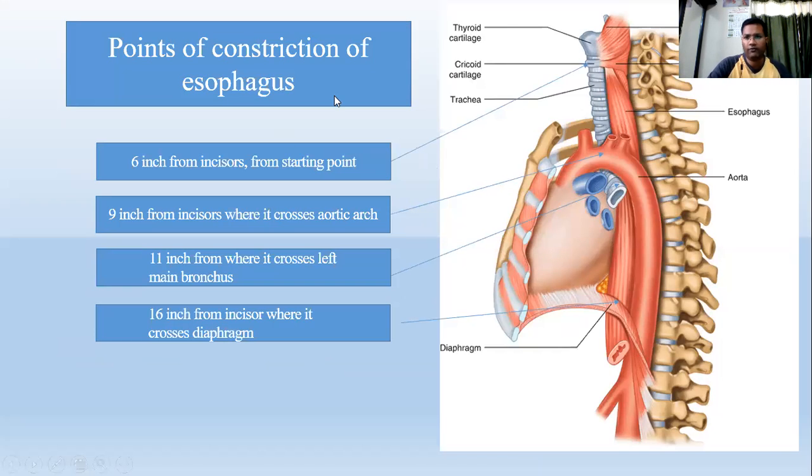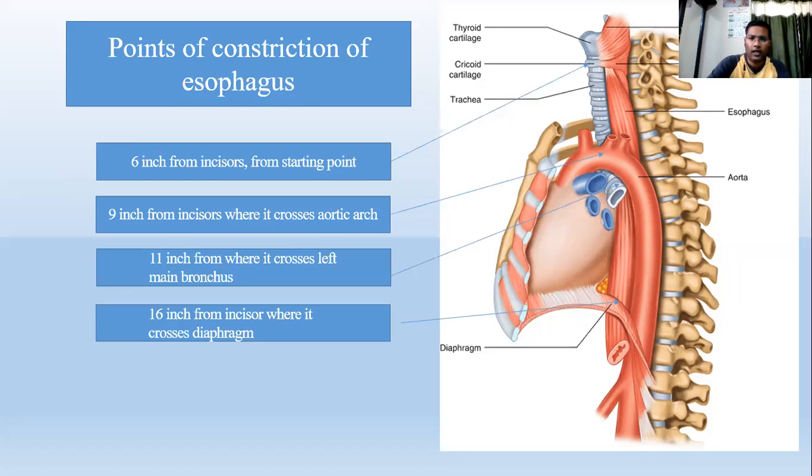First part is 6 inches from the incisors, from the incisor teeth, when you move 6 inches into the esophagus. Then comes the cricothyroid cartilage, and due to this cartilage the esophagus has a little narrowing at that part.